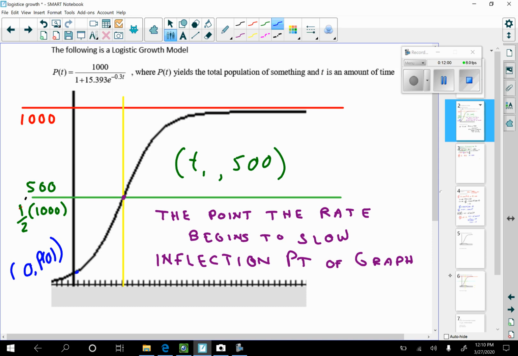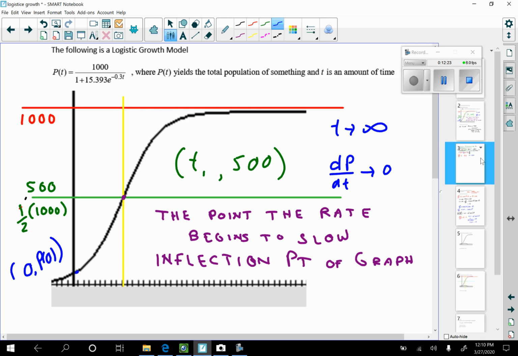The derivative is the slope of the tangent line. So as t goes to infinity, the derivative of the population, dP/dt, goes to 0. And it is 0 when p is equal to 0 as well.